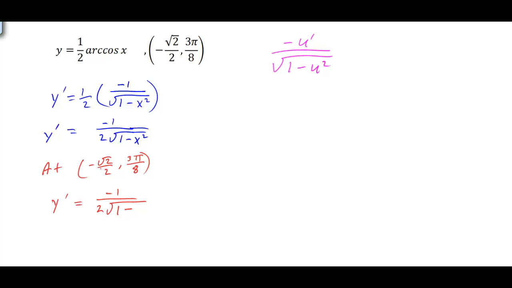Well, our x is a negative square root of 2 over 2. Well, if we square this, the negative is going to become positive. We square the square root, so that's going to be 2. We square the 2 on the bottom, that's a 4. So we're going to end up with a positive 2/4, or simply 1/2.